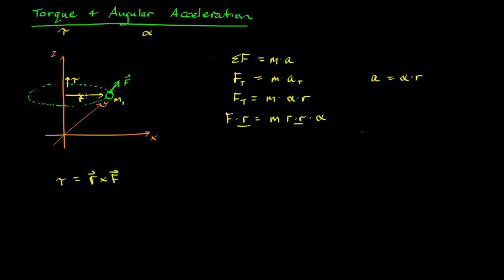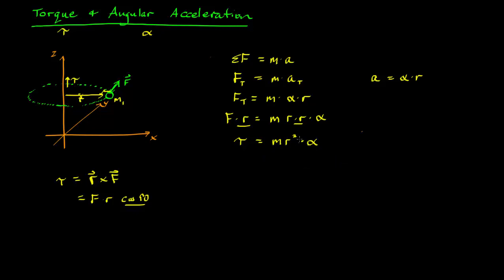Now, since the tangential force is perpendicular to the radius, the cross product of the torque would just be F times R, because that's sine 90, which is 1. So we can see that this right here is torque. And then on the other side, we're going to get m r squared times the angular acceleration.